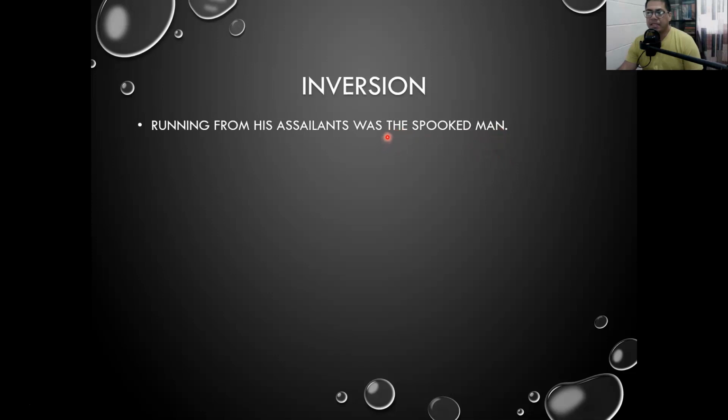So basically, this sentence says, in a standard order, the spooked man was running from his assailants. So if you feel more comfortable rewriting the sentence before you do the analysis, go for it.